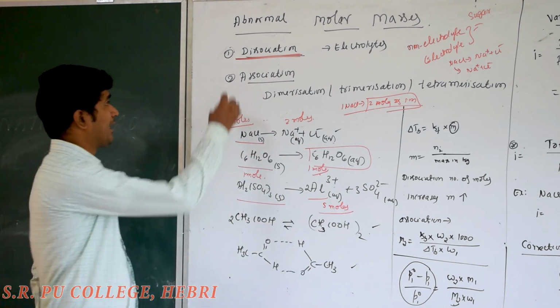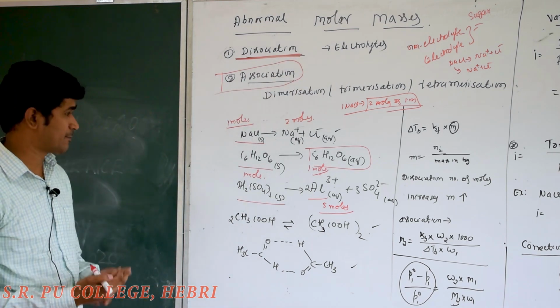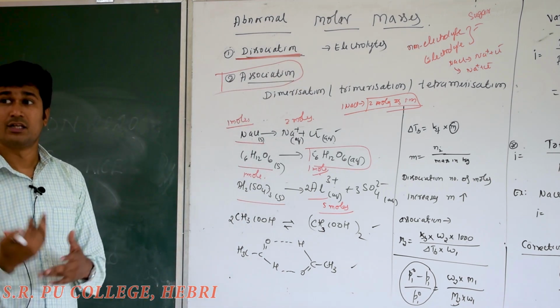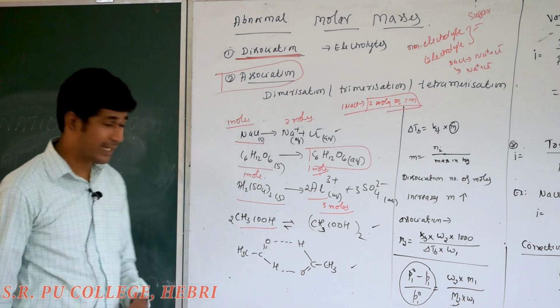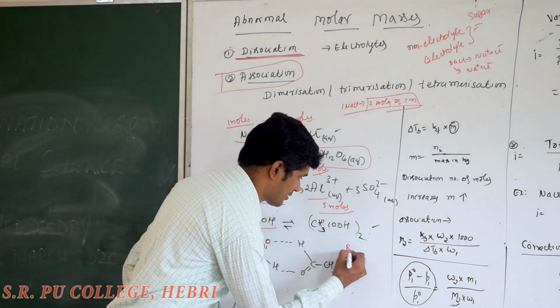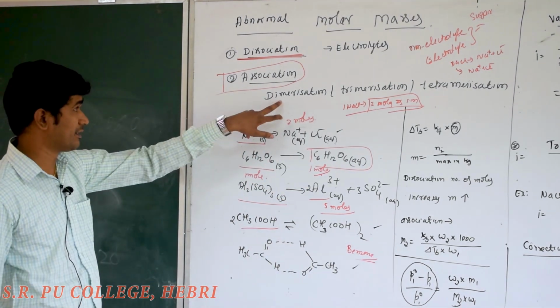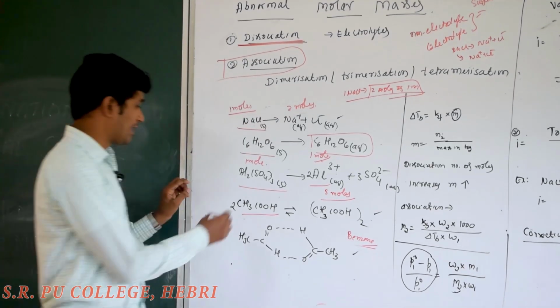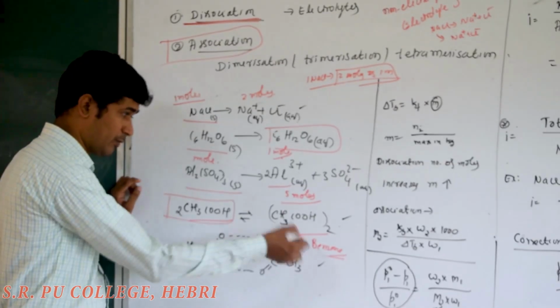One more type of behavior of solute is association. Association takes place in the presence of non-polar solvents. If I put acetic acid in benzene, it dimerizes. So what do you mean by dimerization? Dimerization means association of 2 molecules into one molecule.